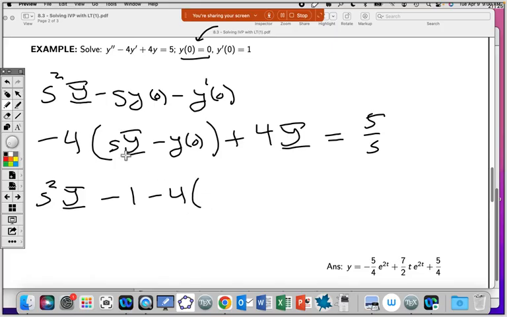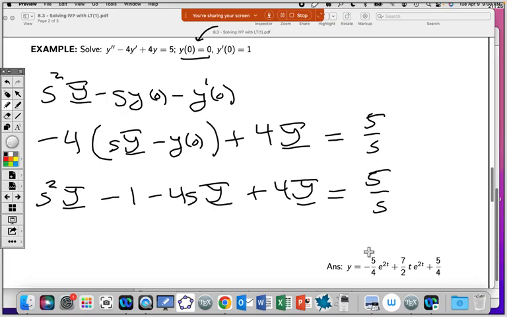Minus 4 times s times y, so minus 4sY minus y of 0, which once again is 0, plus 4Y equals 5 over s. I'm just double checking here. Okay.